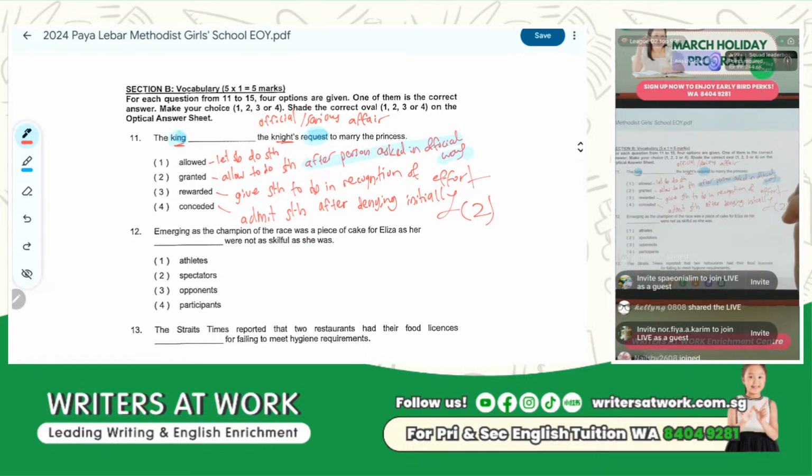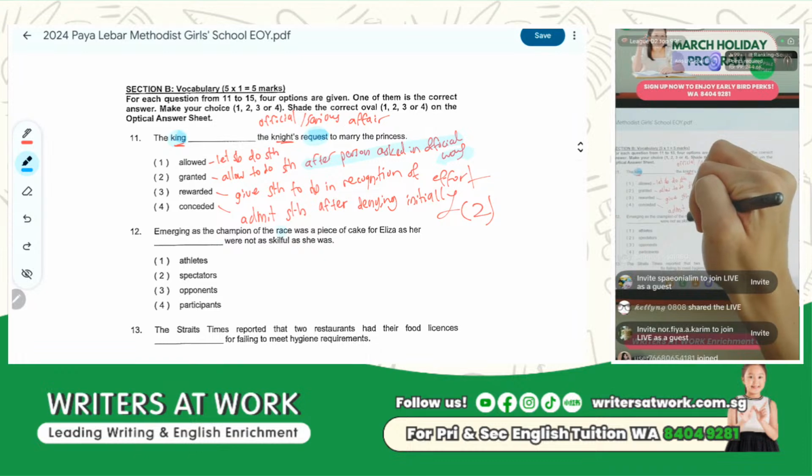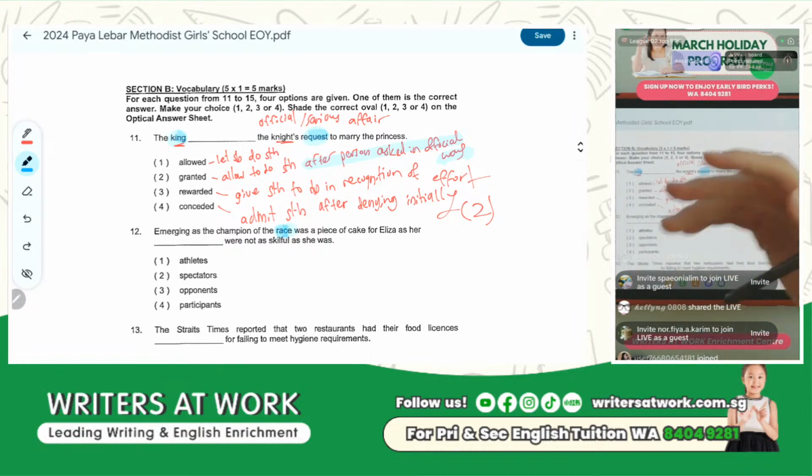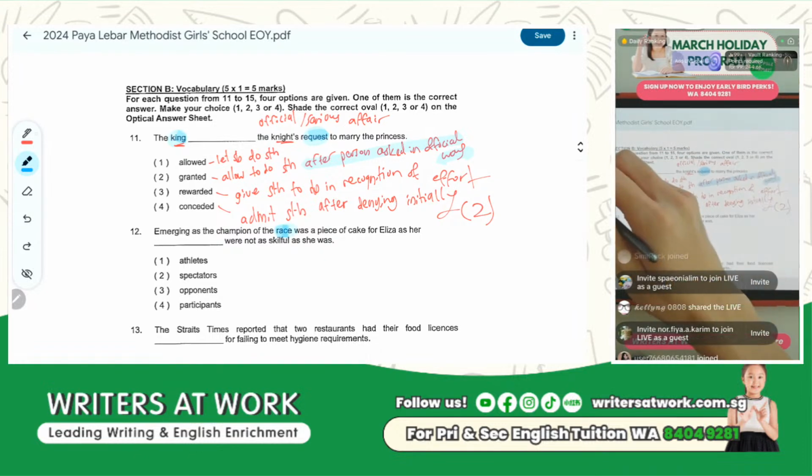Okay, moving on, let's take a look at question 12. Emerging as the champion of the race was a piece of cake for Eliza, as her dash were not as skillful as she was. Okay, so you can see that this is a race, so probably we are looking at people who do a particular sport.